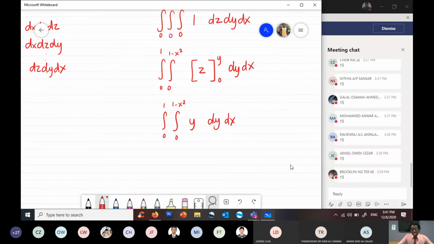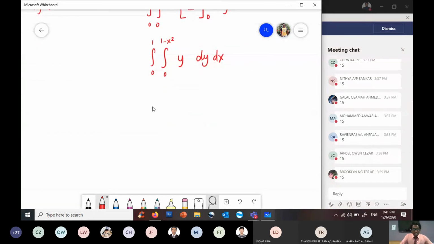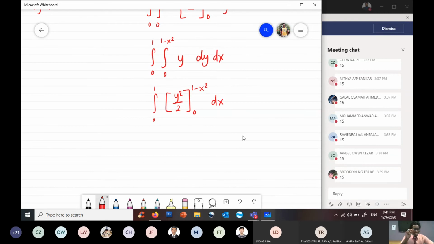Okay, so now integration of y is again not a big deal. You integrate y, you would get y squared over 2, again a basic integral. And the limit is from 0 until 1 minus x squared. Again, be very careful when you're substituting, because 1 minus x squared is a bit tricky.